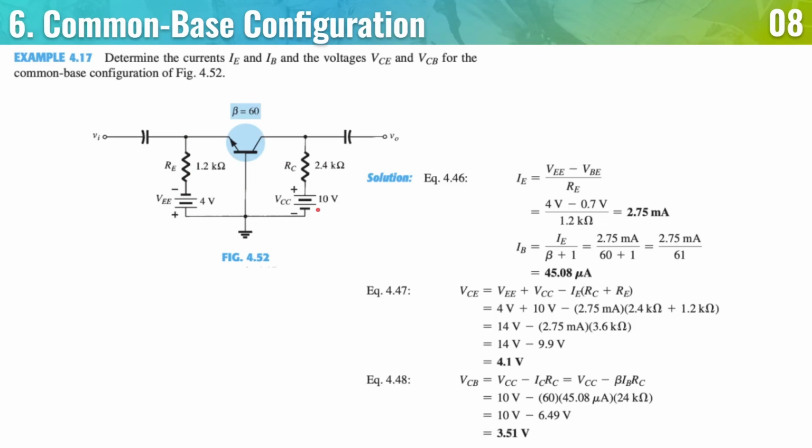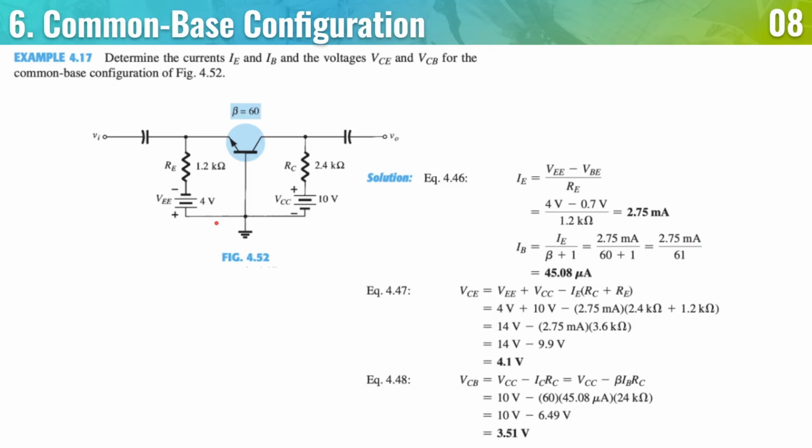For IB, we have to use the relation shown earlier, where IE is equal to IB times beta plus 1. So dividing both sides by beta plus 1, we have this formula. And that's how we get 45.08 microamperes.